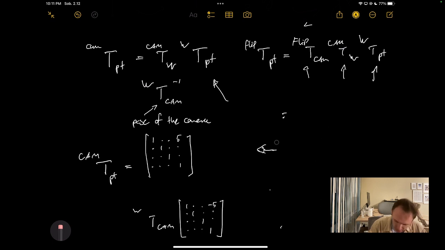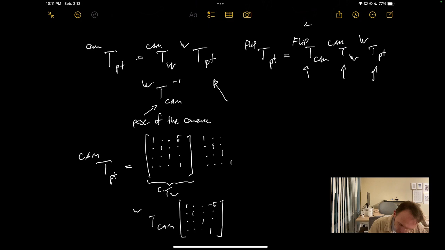So yeah, I encourage you to work through a slightly more complicated version of this, right? And so this is position of world in CAM, which is inverse of position of CAM in the world. And then here we will have position of the point in world.